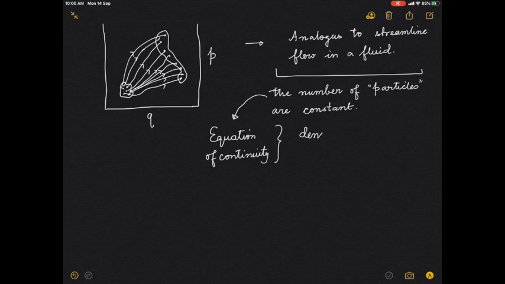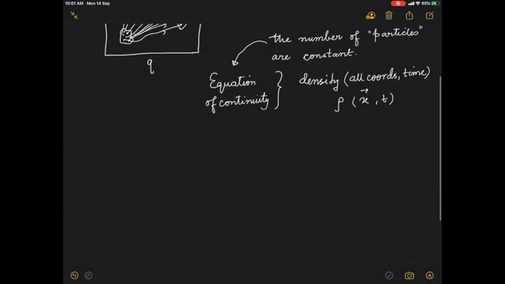What does it tell you? Well, first you define a density, which is a function of all coordinates and time. In the case of fluids, the coordinates are all x and time is t, and you call the density rho.